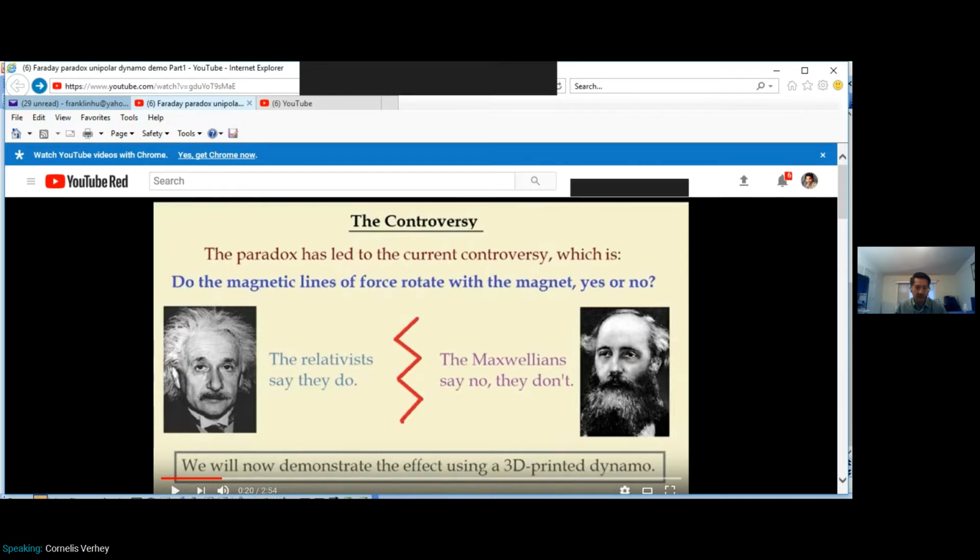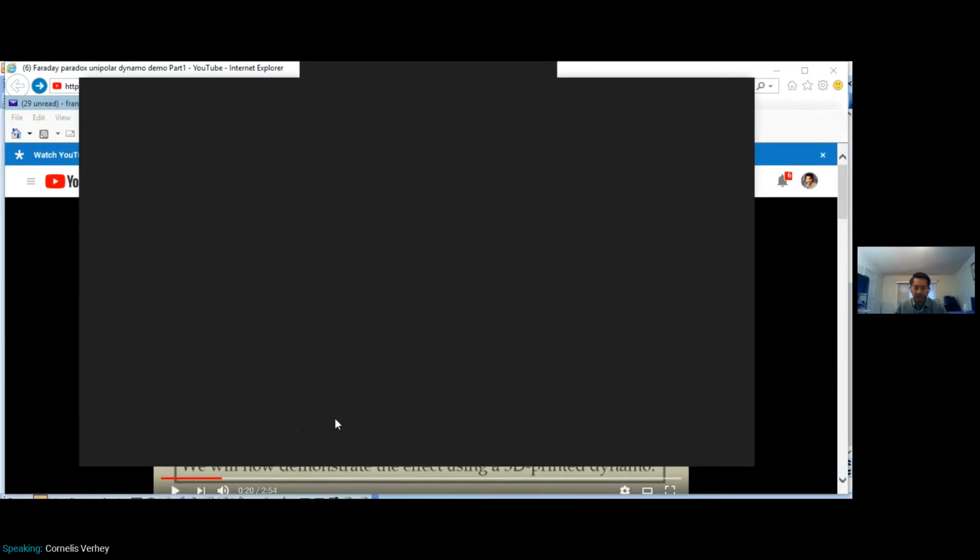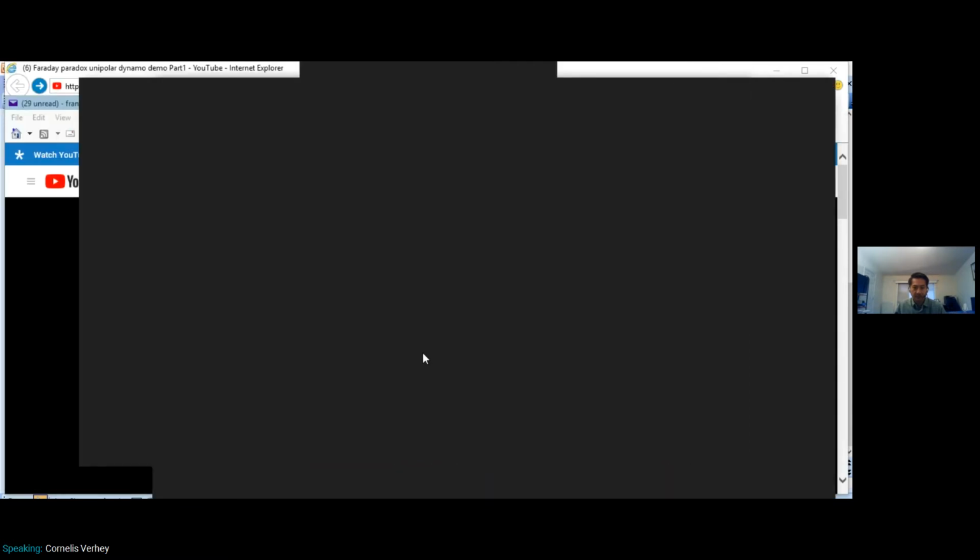What's important here is how fast that magnetic field establishes itself in space. If you were to put a magnet in place, how long does it take for that magnet to permeate space?